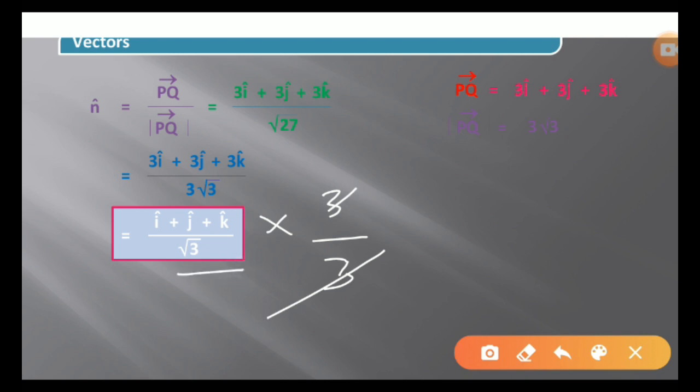So this is the unit vector in the direction of the vector PQ.